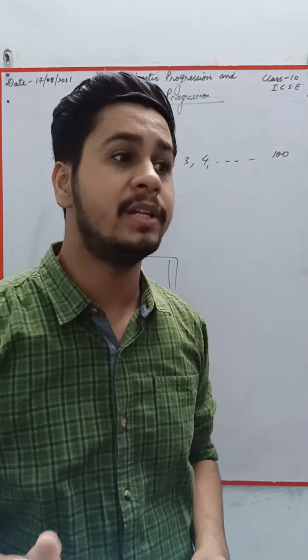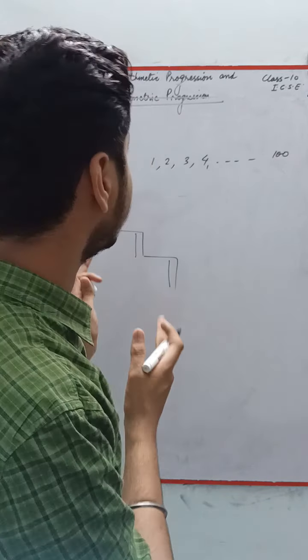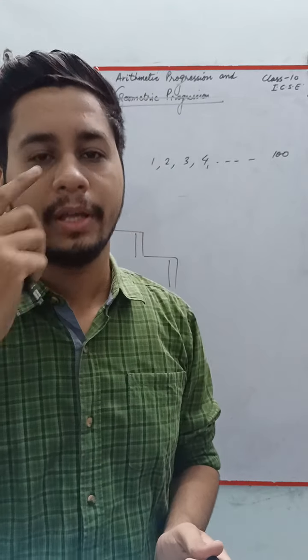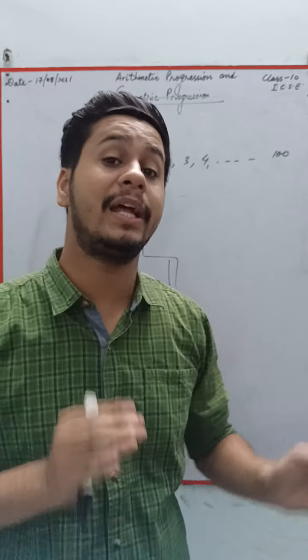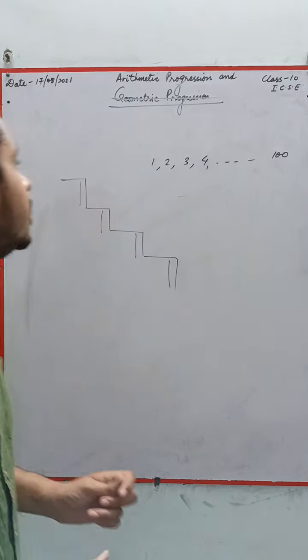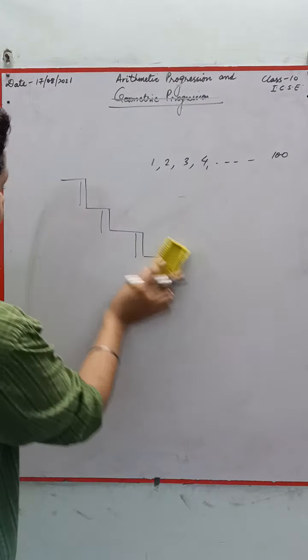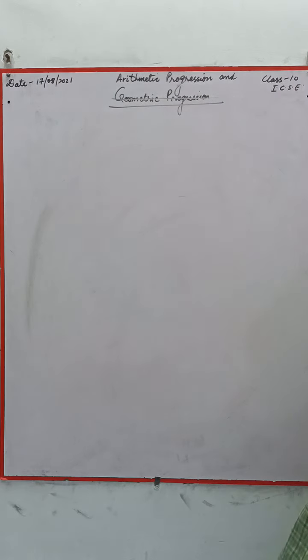You may find the application of arithmetic progression, and you can use the formulae in your day-to-day life. We'll see some practical questions also, from which you will understand how to use those formulas in day-to-day life. Let us emphasize this topic more, and see what formula we can form.